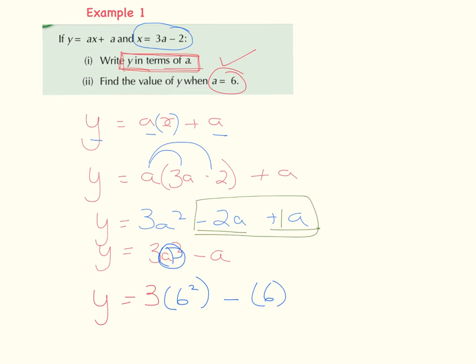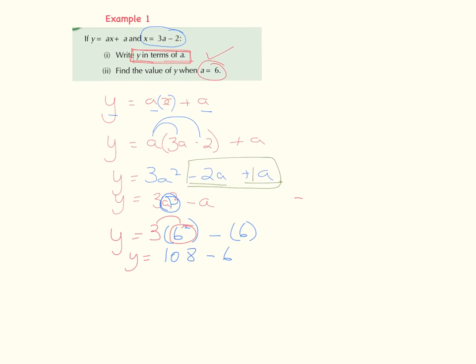So as normal, I would solve my brackets, so I'm left with y equals, well, 6 squared is 36, and 3 times 36 is 108, minus 6, and so my final answer for this part is y equals 108 minus 6, which is 102. So that's the second part of the question.